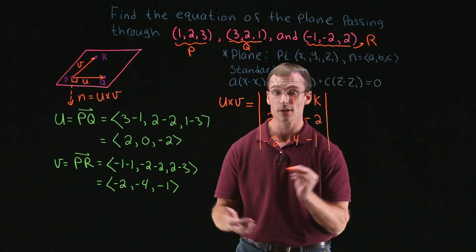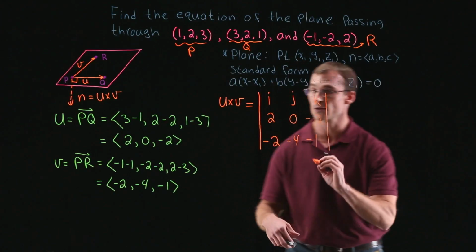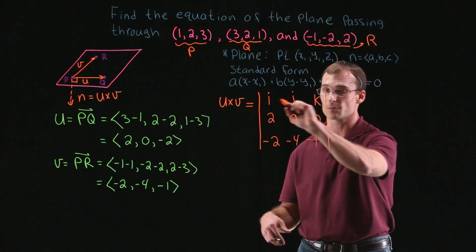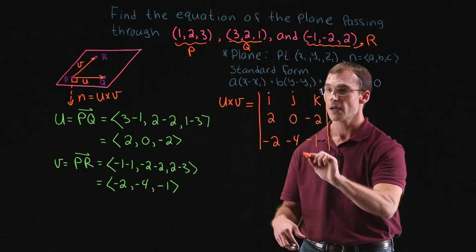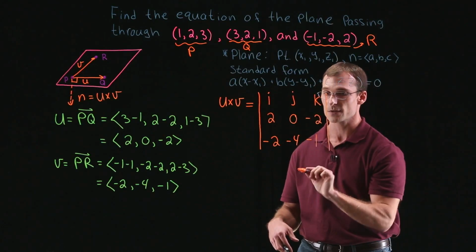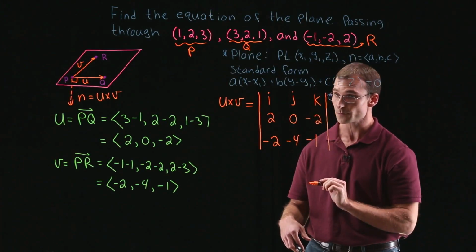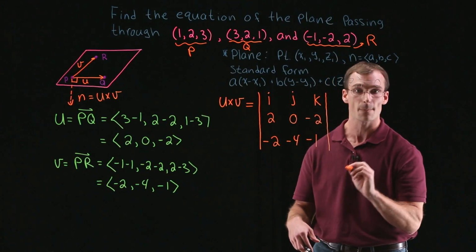So how do we take the determinant of a 3 by 3 matrix? We start at the first entry in the first row, and blank out that row and column. We take i times the determinant of the 2 by 2 matrix left after taking out that row and column.